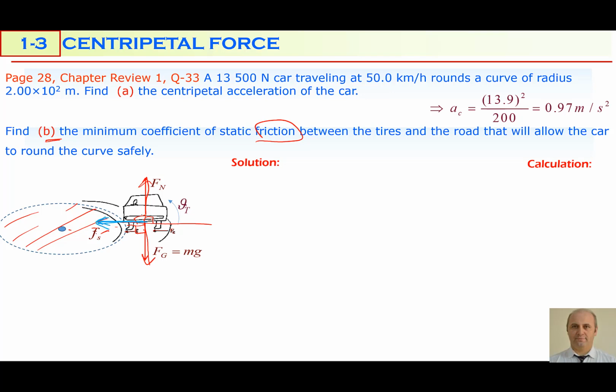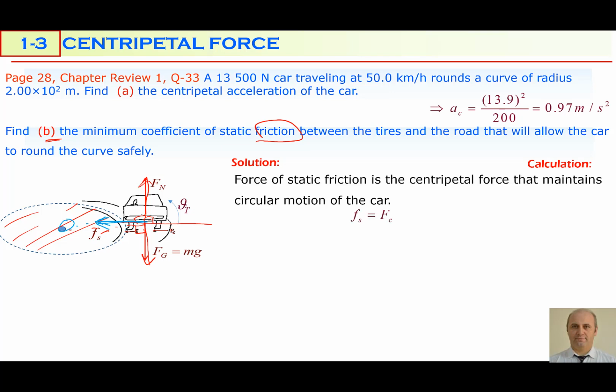This force is pointing to the center, so it's the only centripetal force in here. So the force of static friction is the centripetal force that maintains the circular motion of the car, and then we make static friction equal to centripetal force.